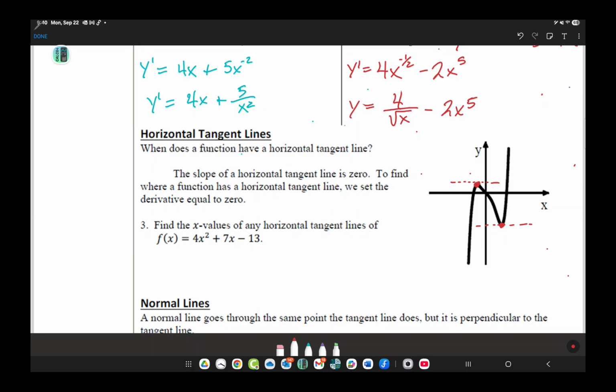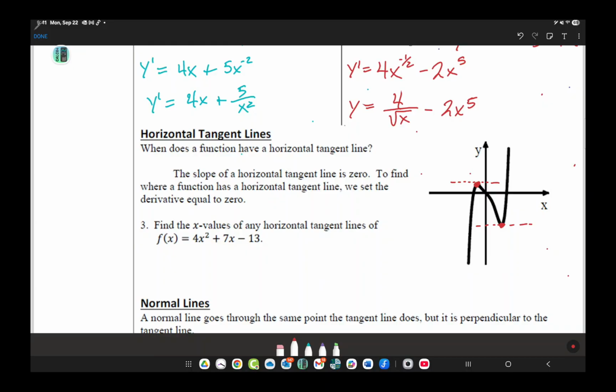Yeah, local max, local mins are points of extrema. So, do you guys remember how to find local max and local mins? Well, you don't have to worry about doing it that way anymore.